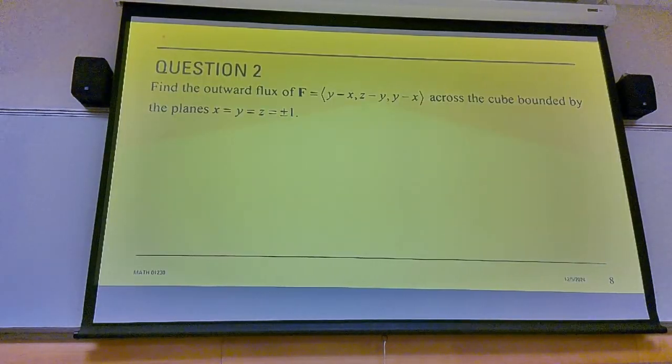X, Y, and Z go from -1 to 1. What is del dot F? -2.